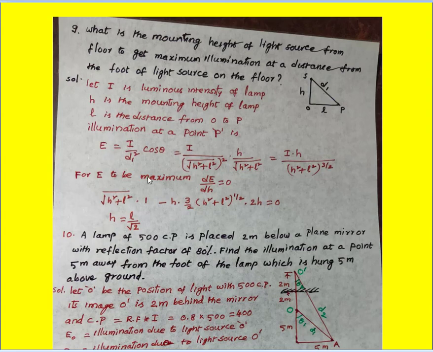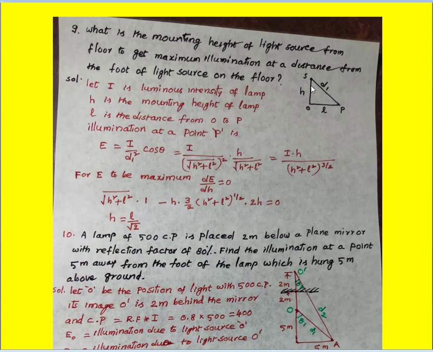And we know Lambert's cosine law of illumination, that is E is equal to I by D1 square cos theta. So then we can write I divided by the root of H square plus L square, whole square. Then cos theta means the angle made by this D1 with this vertical line SO.